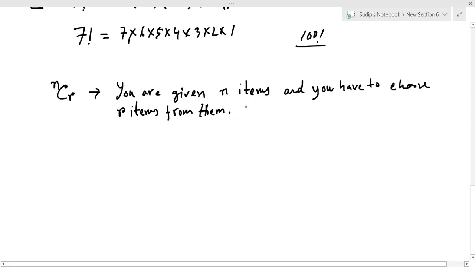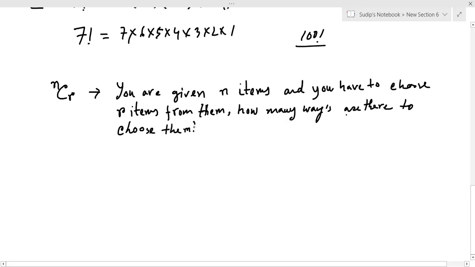So you have to choose R items from them. How many ways are there to choose them? So this answer is NCR, the number of ways.